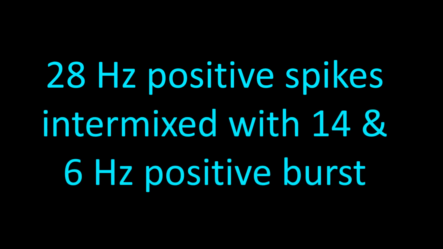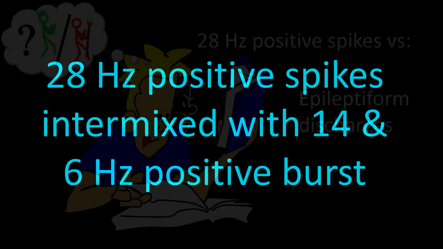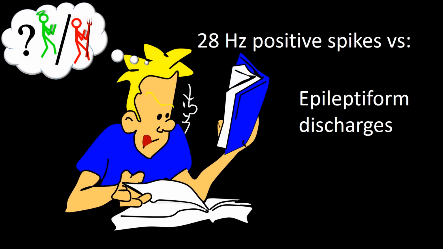28 Hz positive spikes occur intermixed with 14 and 6 Hz positive spikes or burst. 28 Hz spikes must be distinguished from epileptiform discharges.